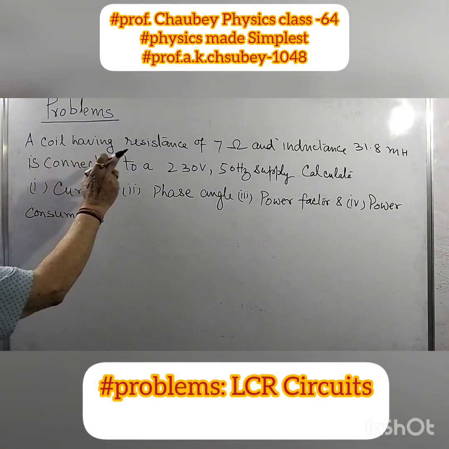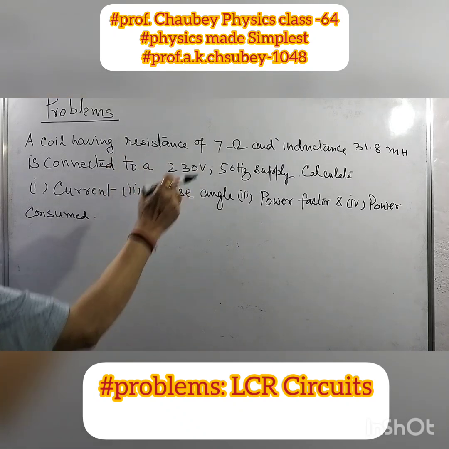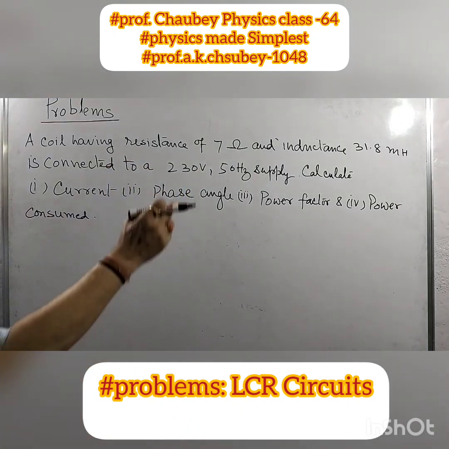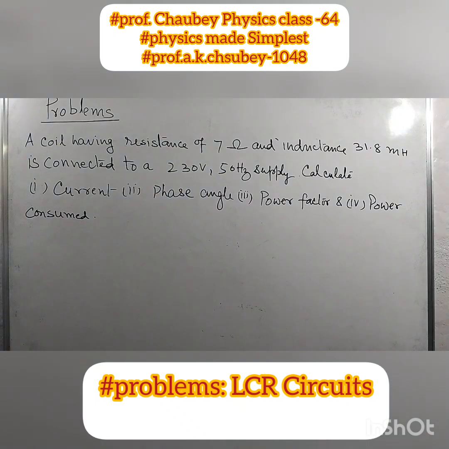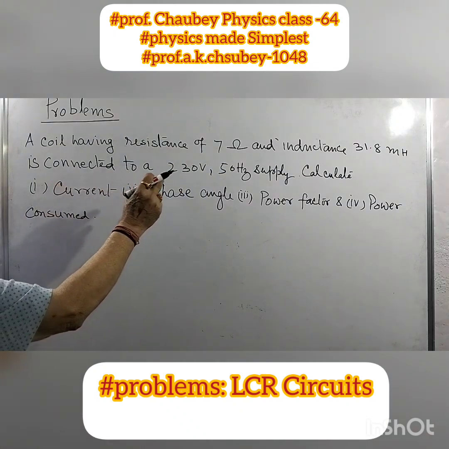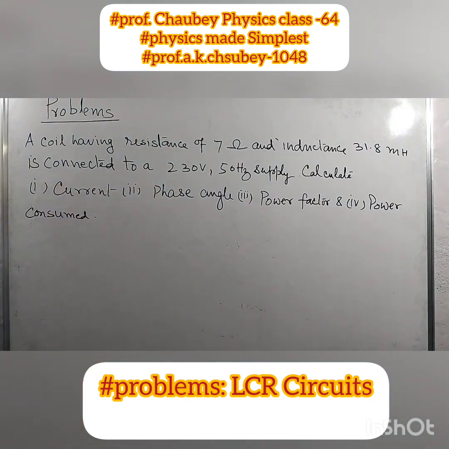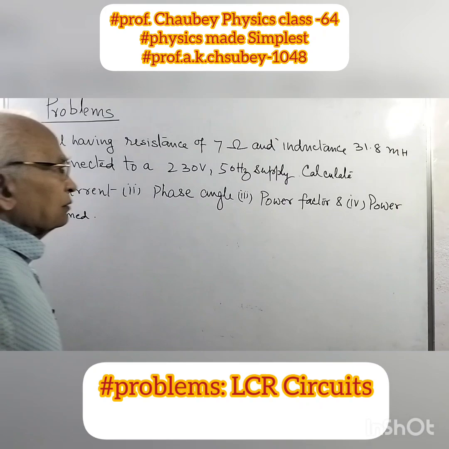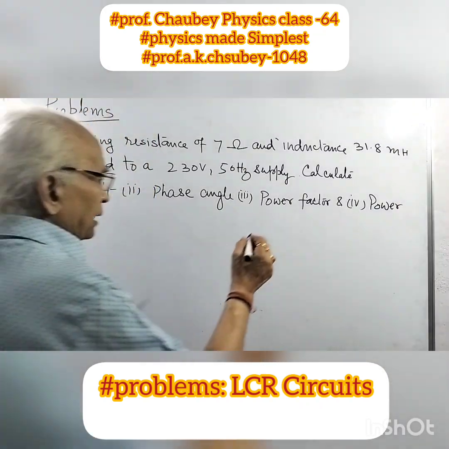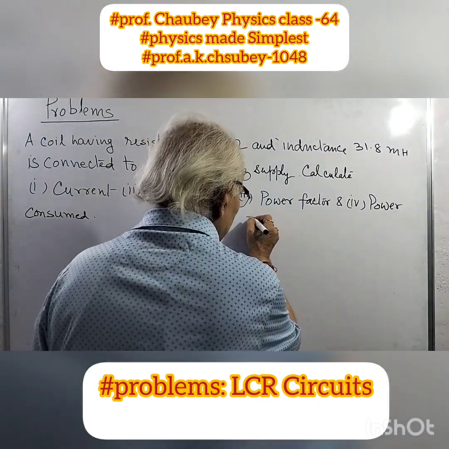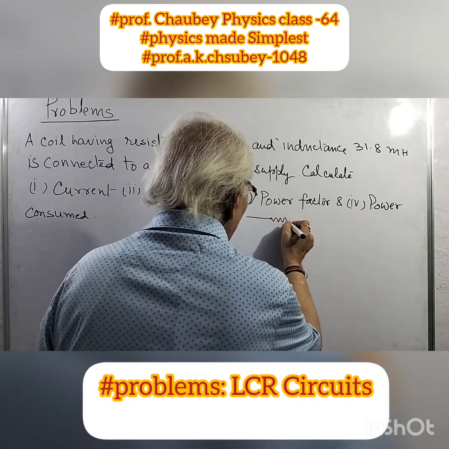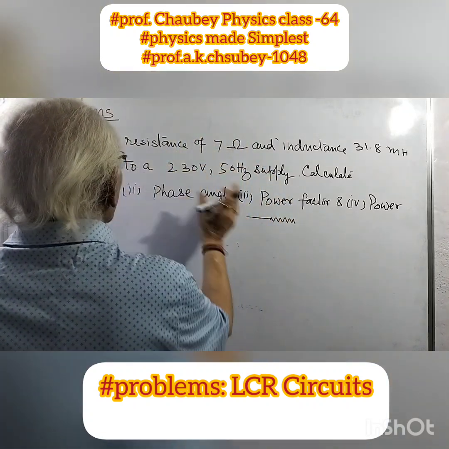A coil having resistance of 7 ohm and inductance 31.8 millihenry is connected to a 230 volt and 50 hertz supply. Calculate current, phase angle, power factor and power consumed. So this is a simple LCR circuit in which a coil has got resistance.